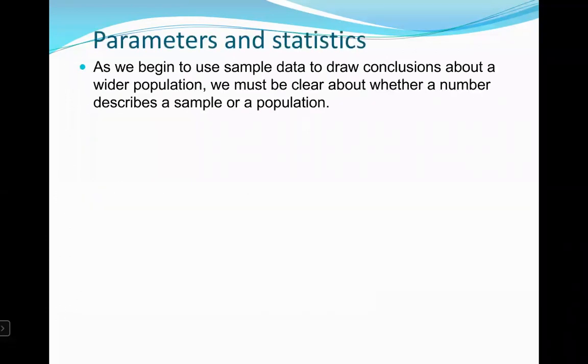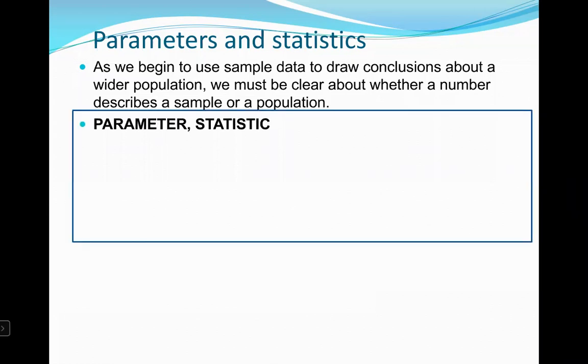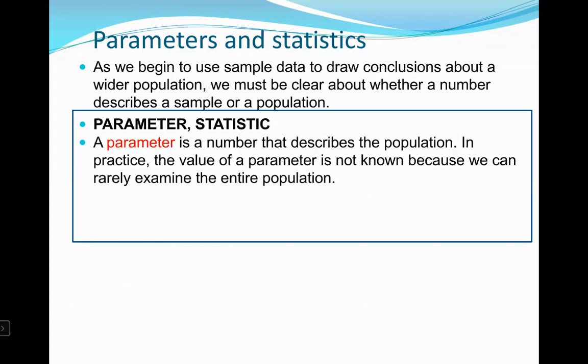Parameters and statistics. As we begin to use sample data to draw conclusions about a wider population, we must be clear about whether a number describes a sample or a population. A parameter is a number that describes the population.